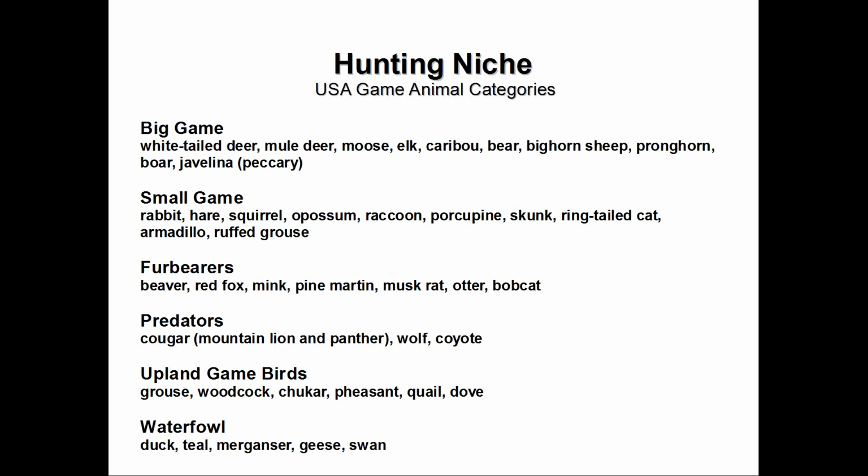They might be looking for laws and regulations type of information. They might be looking for specific types of hunting equipment related to some of these topics. So I at least wanted to do some of the research for you and provide you with an actual list that you can use of the different categories and also some of the main types of game that are included within these categories.